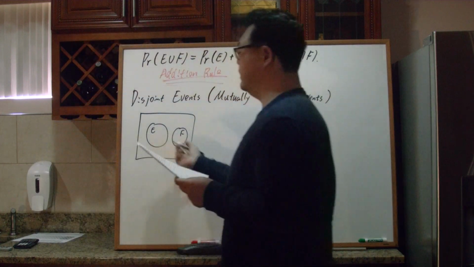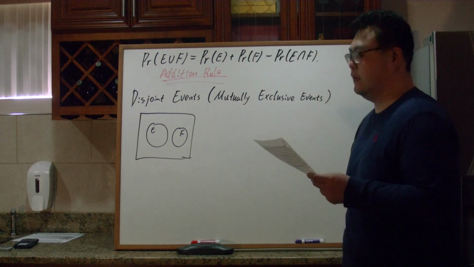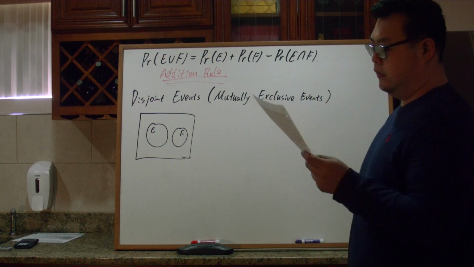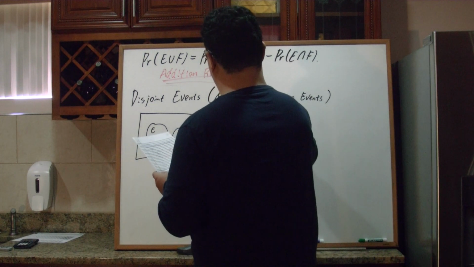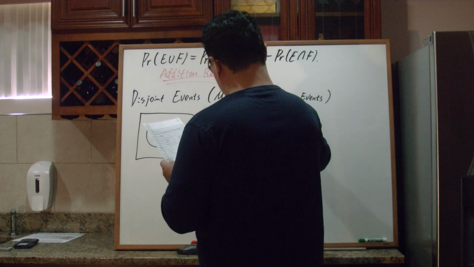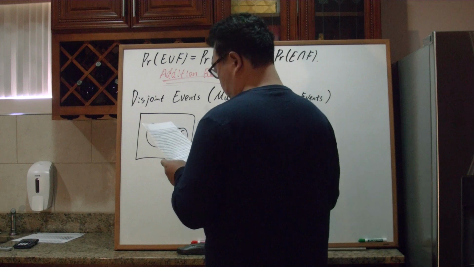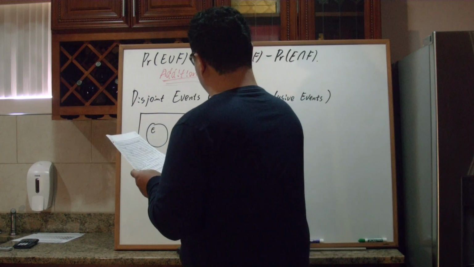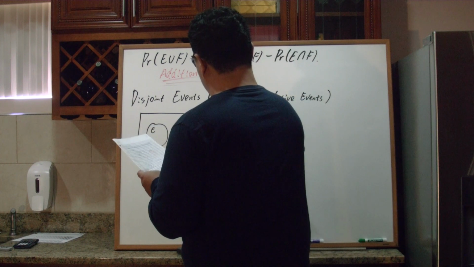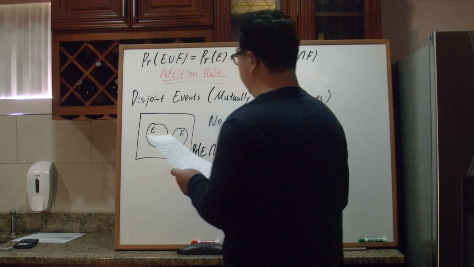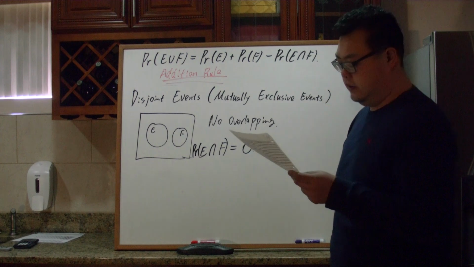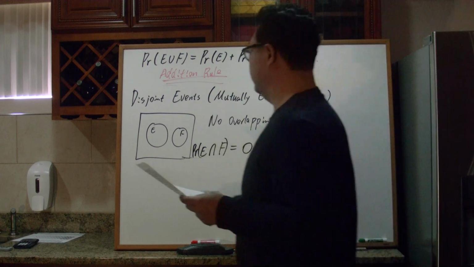Well, disjoint is literally clear: the two events have no overlapping. No overlapping means the intersection never happens. That is the true criteria.